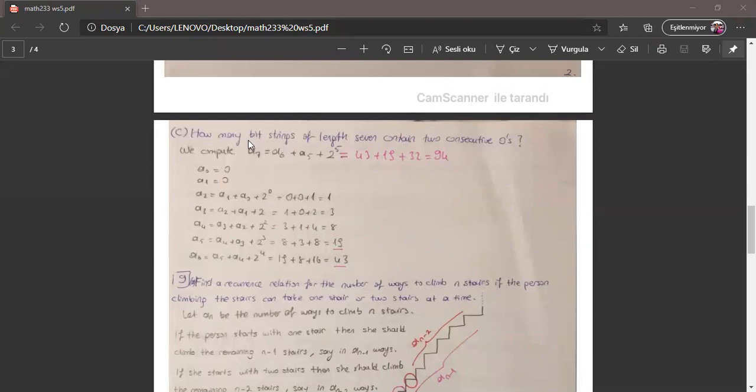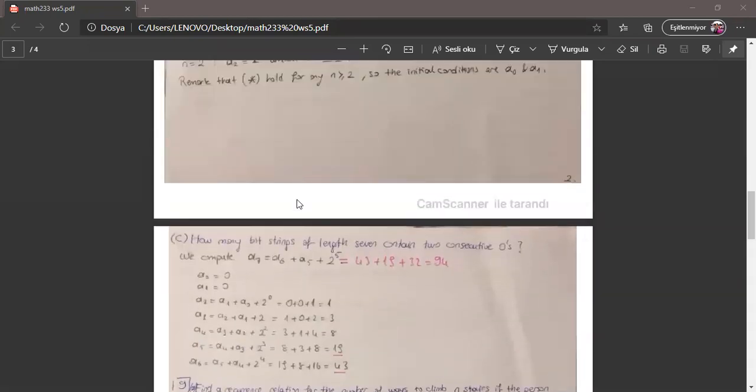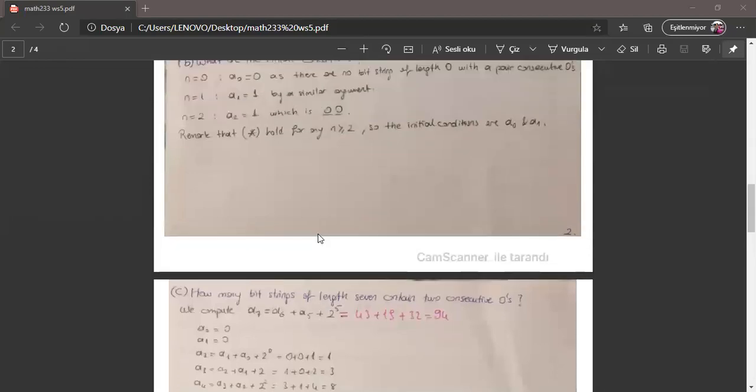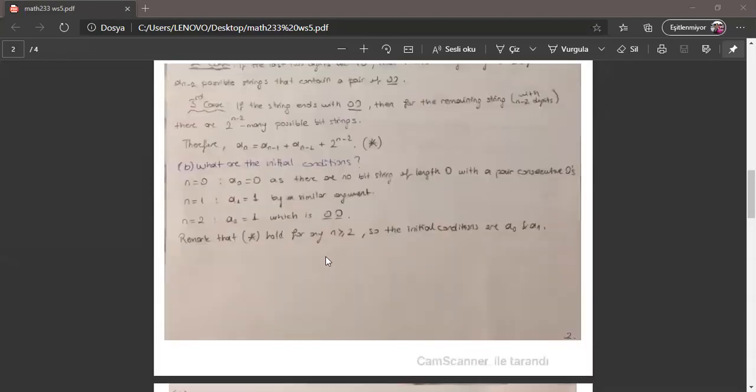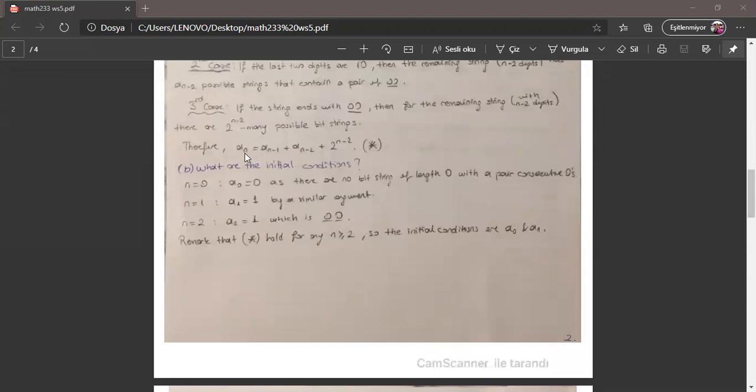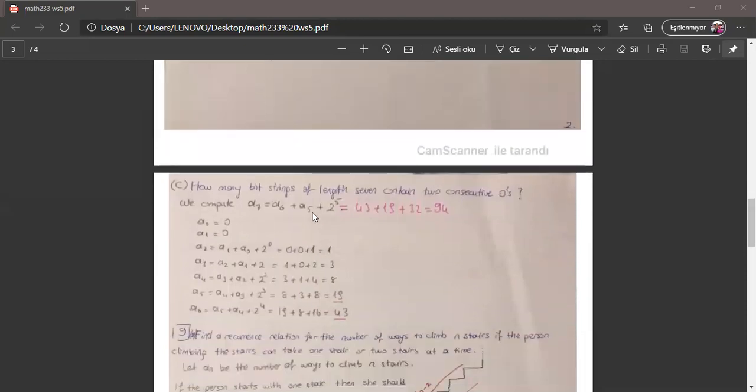So we need to compute a sub 7, which is equal to a sub 6 plus a5 plus 2 to the 5, because remember the relation, we put n equals 7. So we just need to compute these ones. As in the previous question, we just use the relation and put the values of n and get this number.